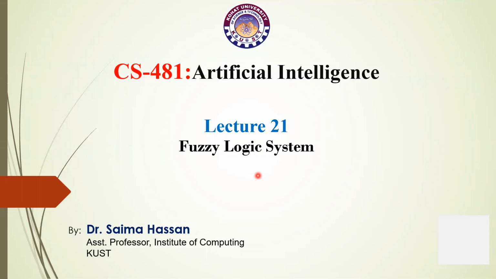Fuzzy is a logic that refers to something which is unclear or vague or uncertain. Fuzzy logic in artificial intelligence provides valuable flexibility for reasoning. And in this lecture, we'll learn about this logic.